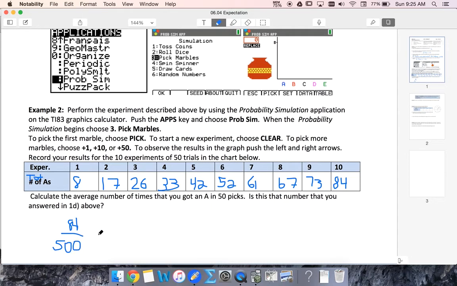So if we want to know our total per 50 picks, divide top and bottom by 10. That's going to give us an average of 8.4 every 50 picks. And this is a typo here because our average number of times that we got A in 50 picks should match 1B, not 1D.